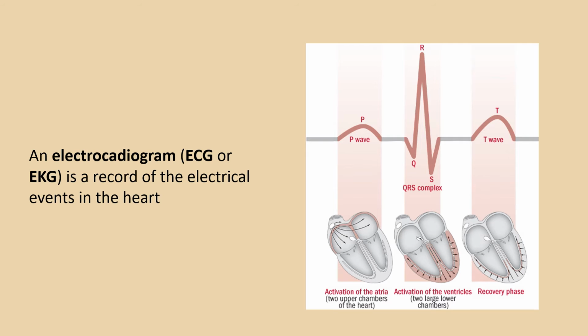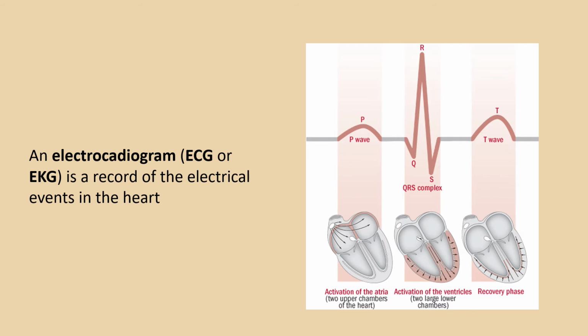So let's look at the ECG recording up top. An ECG recording includes 5 components: a P wave, the QRS complex, and a T wave. All of those marks occur during one cardiac cycle, so during one heartbeat.